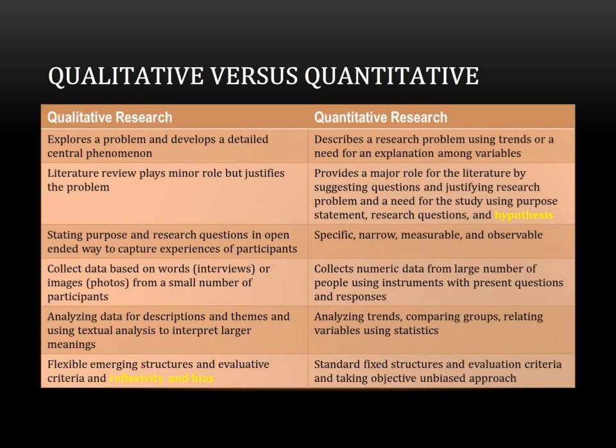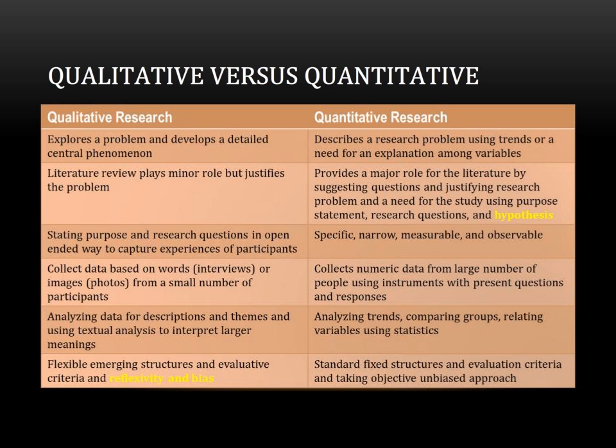Next, quantitative research tends to be specific, narrow, measurable, and observable. Typically, quantitative data is collected numerically, meaning quantitative data researchers use numbers. They're also using instruments that present questions and responses, such as a survey.